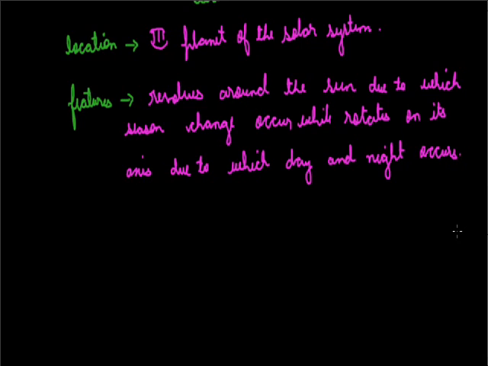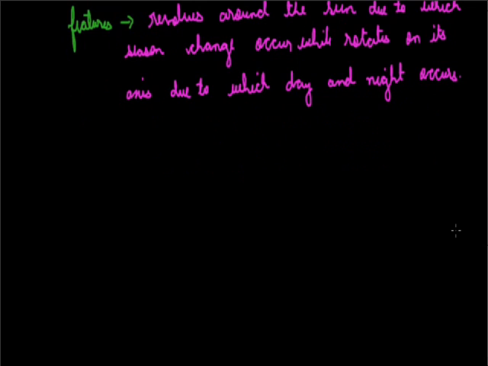At that time, winter is in the southern hemisphere. And similarly, the vice versa condition occurs when the northern hemisphere is tilted away from the sun. So these were a few features of the special planet on which the life exists.